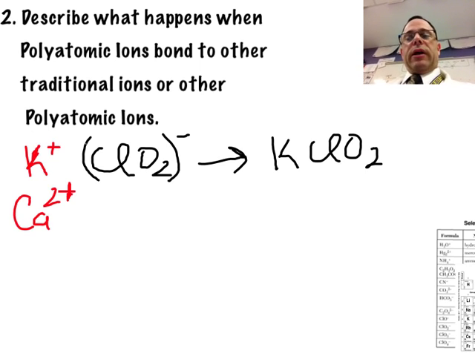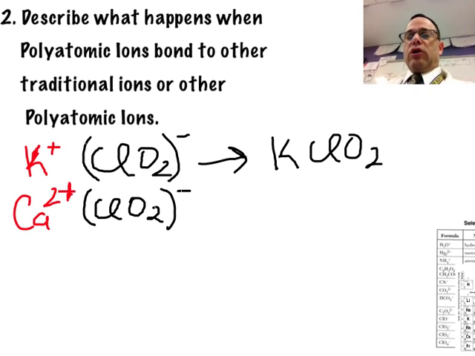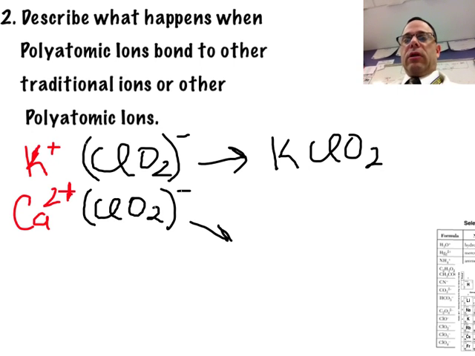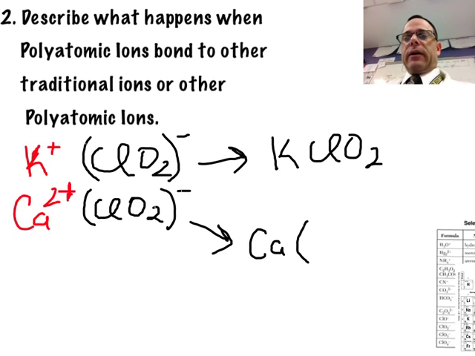But what would it look like if it tried to bond with the calcium, which is a +2? Again, I'm going to write ClO2 negative. Our crisscross would bring the 1 down to here and the 2 down to here, outside of the brackets. It would look like Ca, keep the brackets, ClO2, but we're going to need 2 of them.